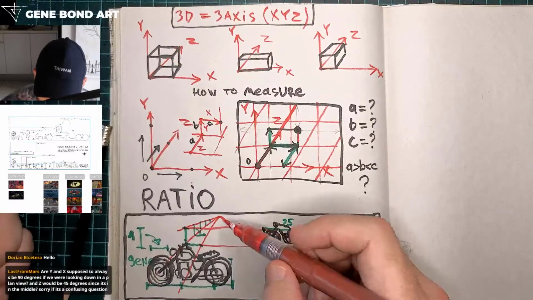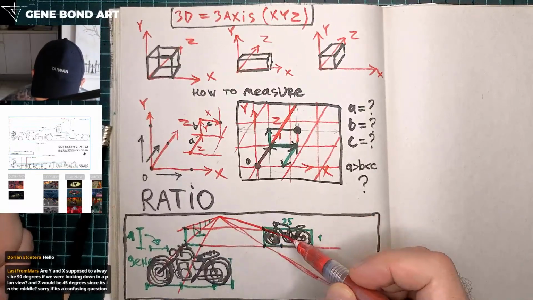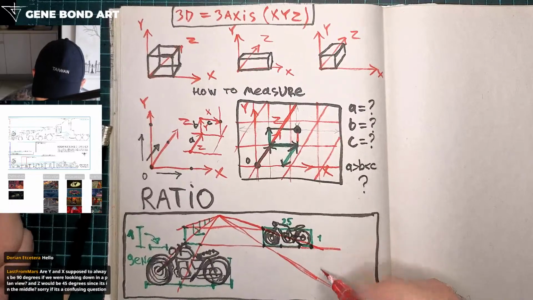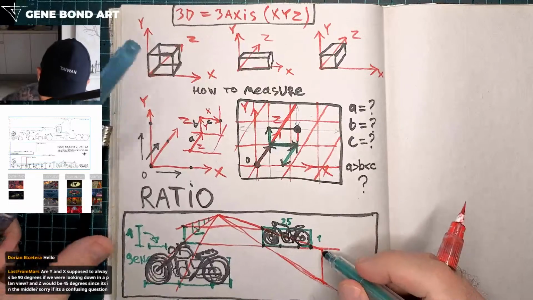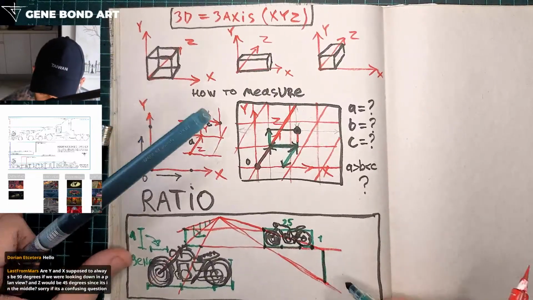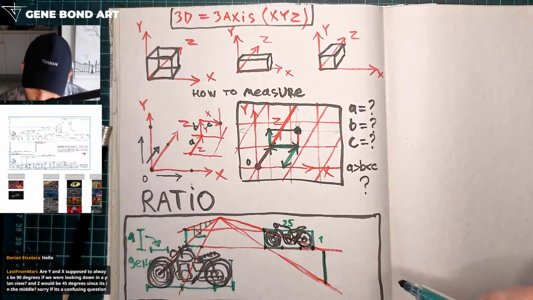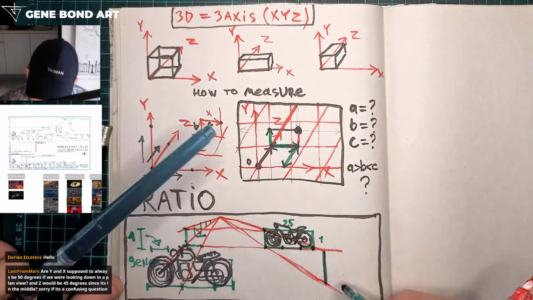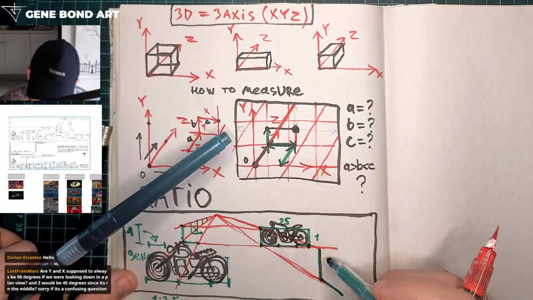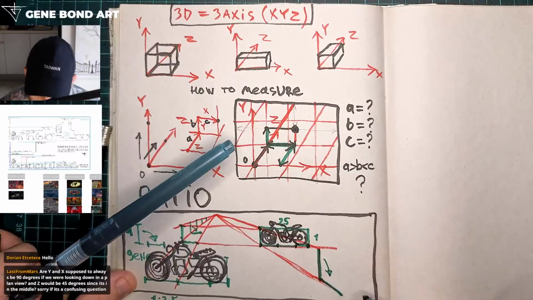So let's say here I have this gene, one gene height here. Then I kind of drop it here, on the ground.